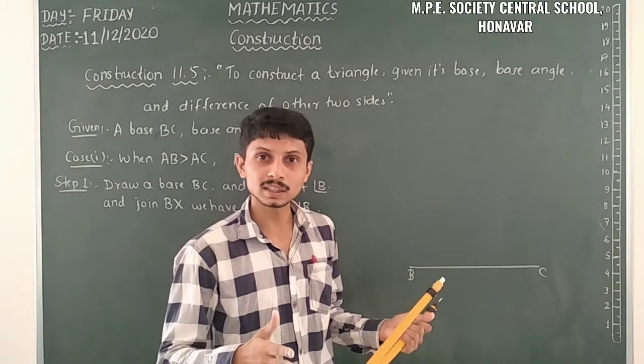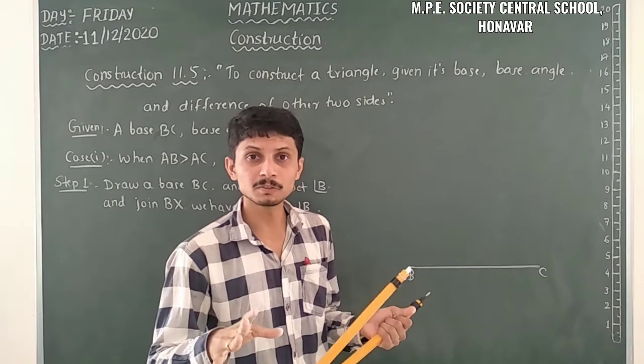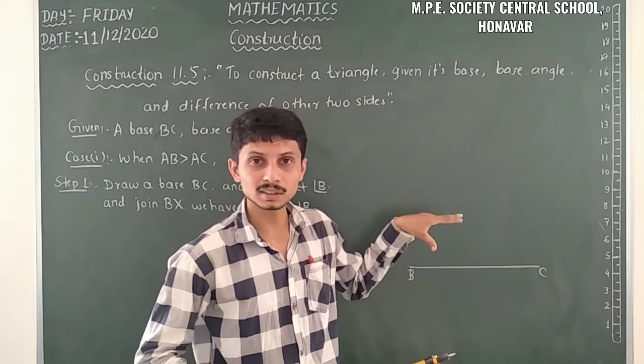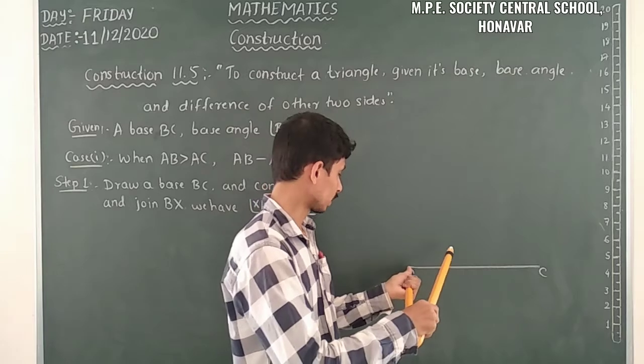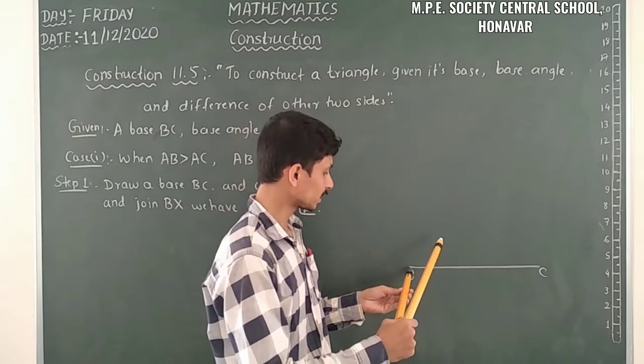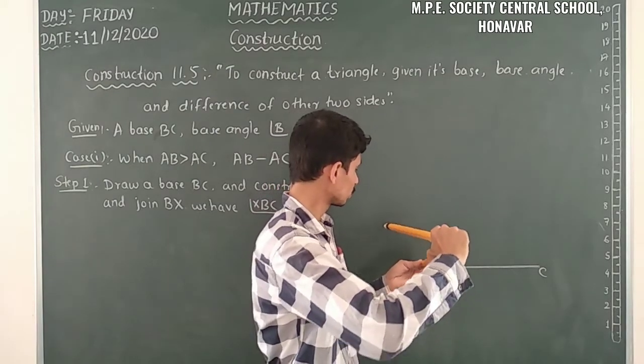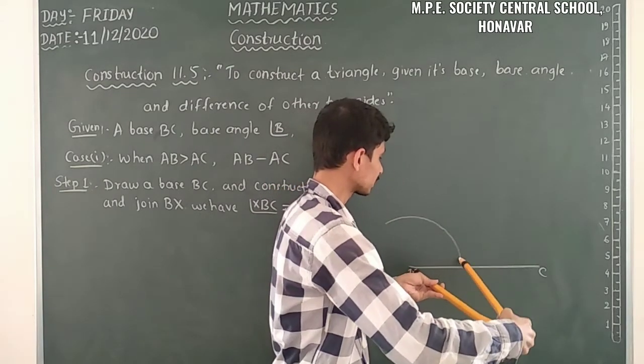So you have to remember that above 45 or 60 degrees, it is difficult to get the intersection in the smaller region. Firstly, take any radius. Taking B as the center, draw a curve which intersects BC.